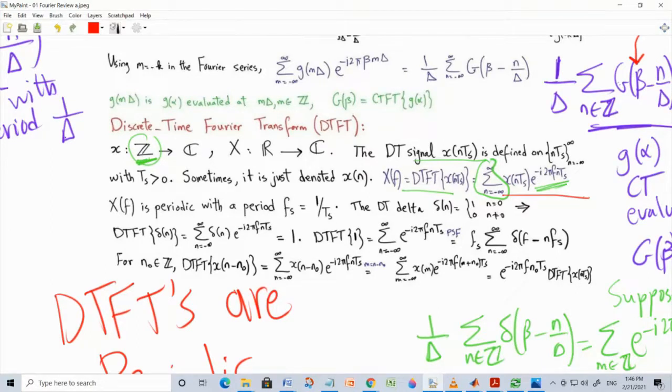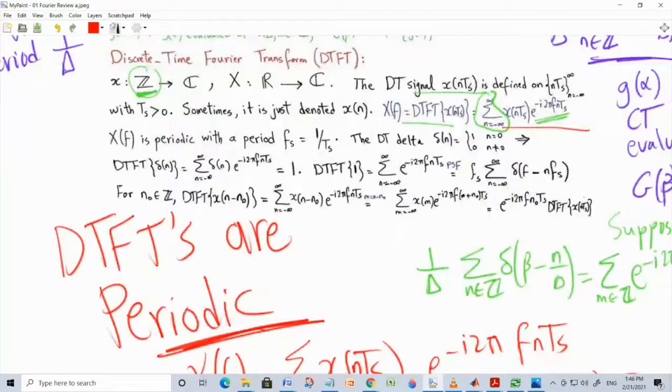Now if you define anything as such, then by definition the reciprocal of Ts, which is Fs, typically called the sampling rate, it will be a periodic function. Okay, so DTFTs are periodic.